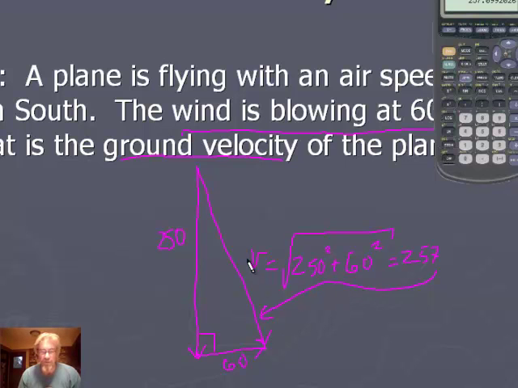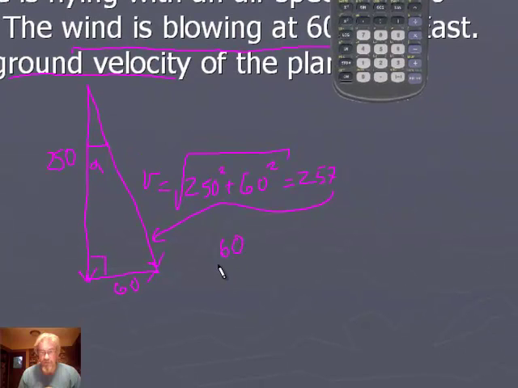The other thing that we're interested in knowing is, what's that angle? Where is it headed? Well, remembering our trigonometric functions, we know that the opposite, which is 60, over the adjacent, which is 250 miles an hour, is going to be equal to the tangent of our angle alpha. So that means alpha is going to be the inverse tangent of our ratio, 60 over 250.